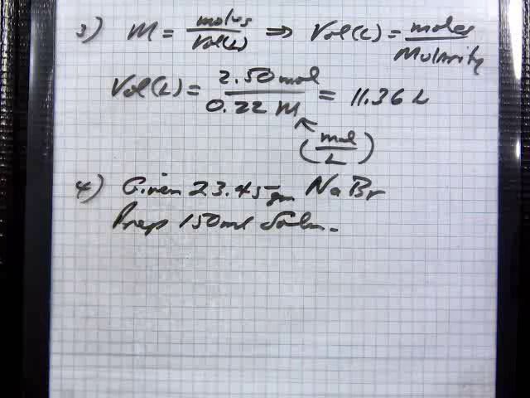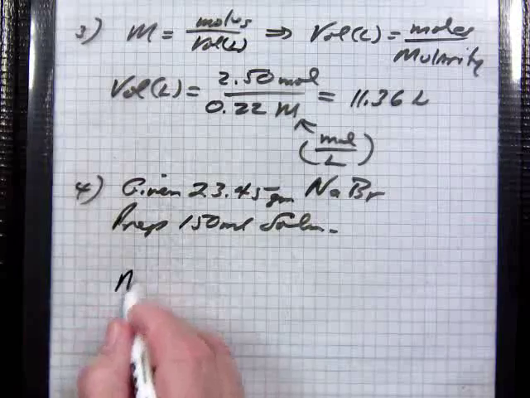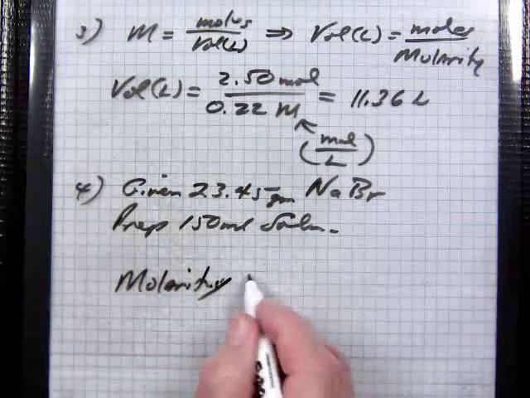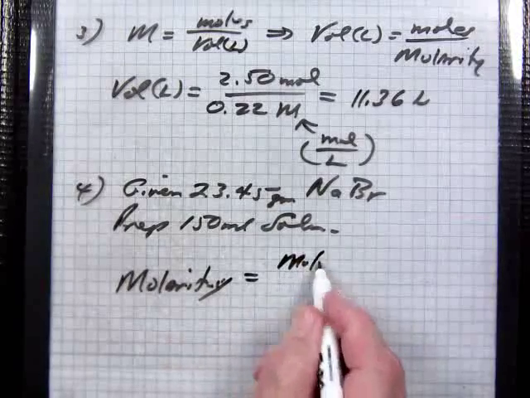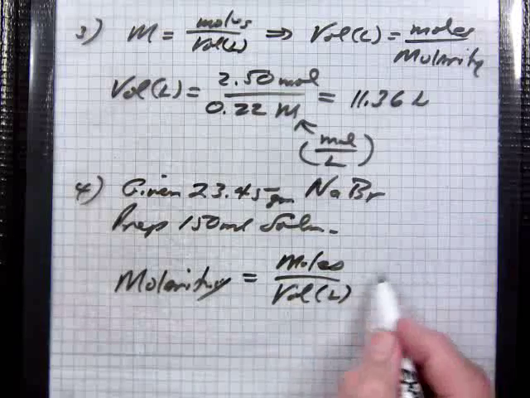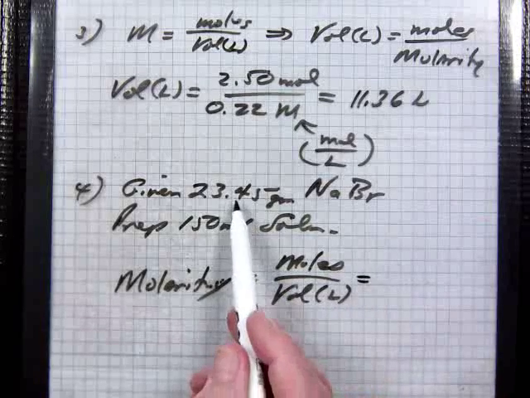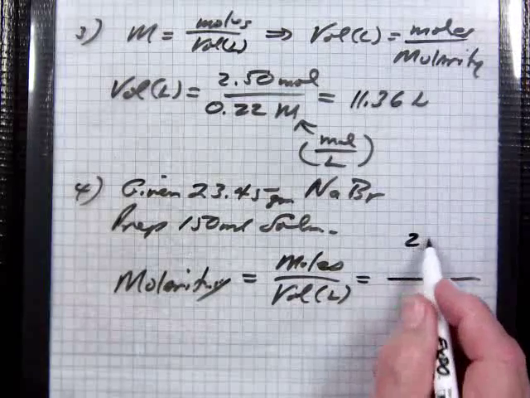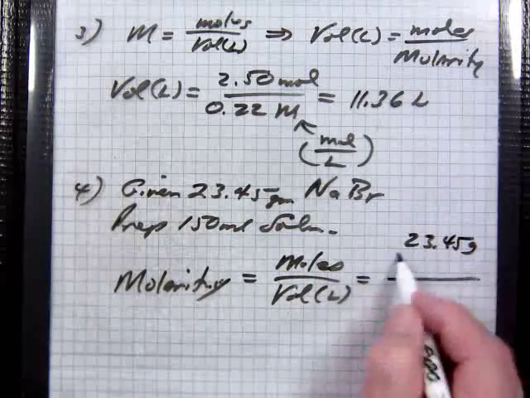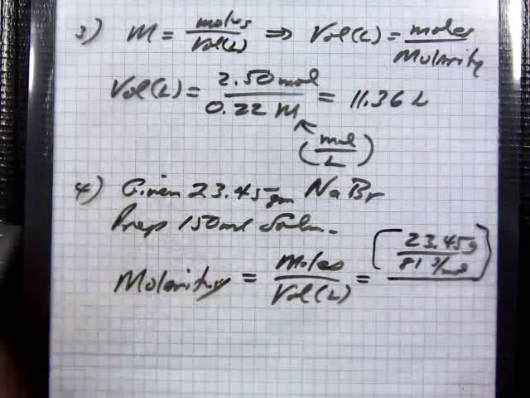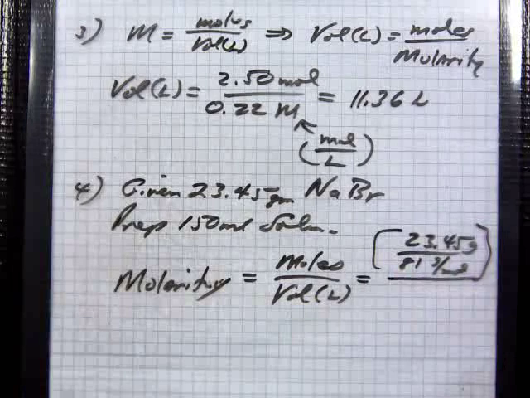Now watch what I do here. What's the concentration? Concentration in molarity, by definition, is moles over volume in liters, right? Okay, what I tell people to do is take your grams and divide by the formula weight and put it in the numerator like this: 23.45 grams over 81 grams per mole. See the numerator? And that gives you the moles right away on the top of that expression.